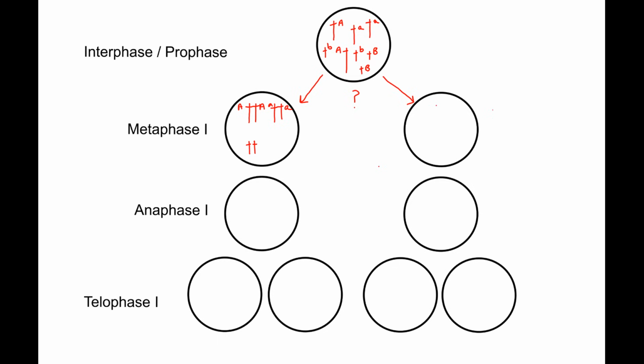It could be that both dominant alleles, A and B, are on the same side, and both recessive alleles are on the opposite side. Or it could happen that dominant A is paired with recessive B, while dominant B is paired with recessive A. These outcomes are equally likely, and which one will occur is completely random.